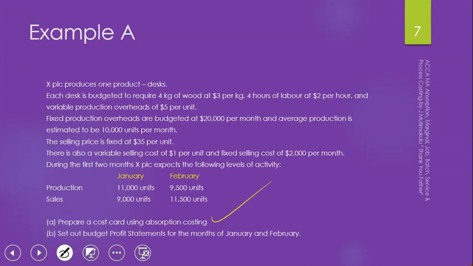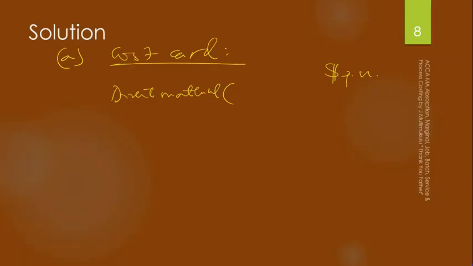We are told from the question that each desk is budgeted to require 4 kgs of wood at $3 per kg. So the material is 4 kg at $3 per kg. Okay, and we get a $12 total.